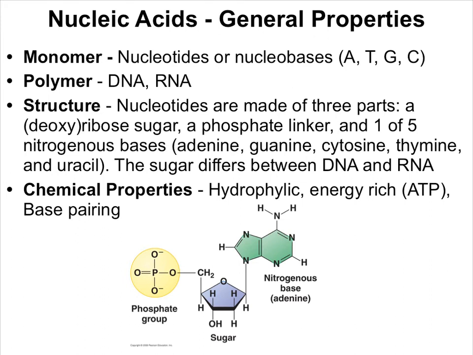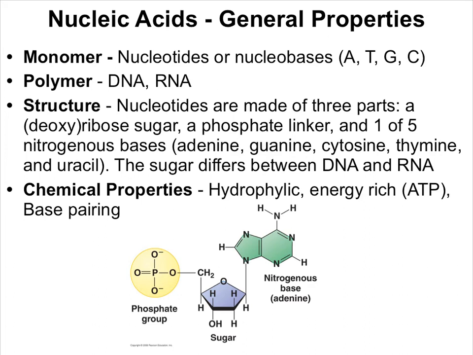RNA also has 4 nitrogenous bases. 3 of them are the same. Adenine, guanine, and cytosine are the same. But in RNA, the T, thymine, is replaced with U, uracil.